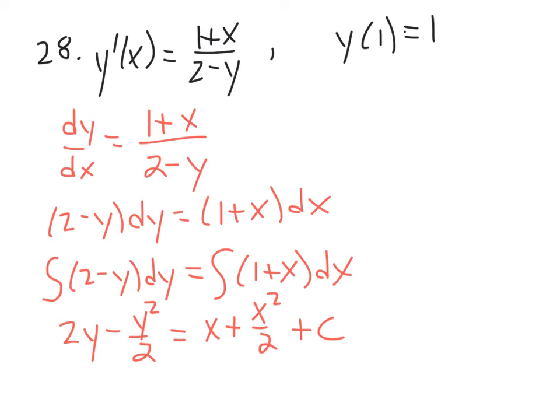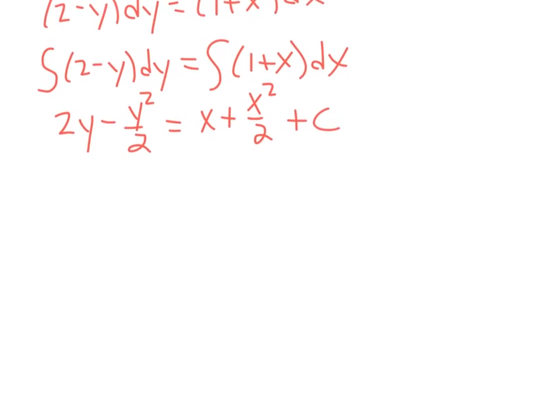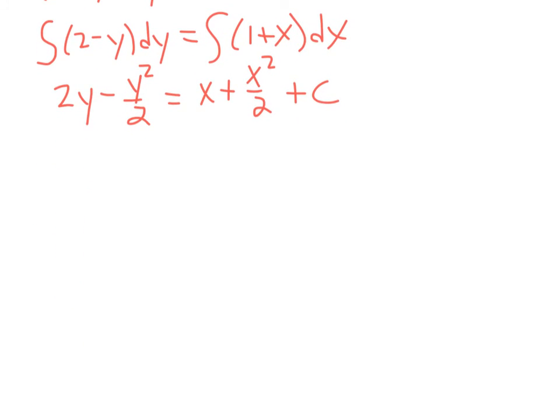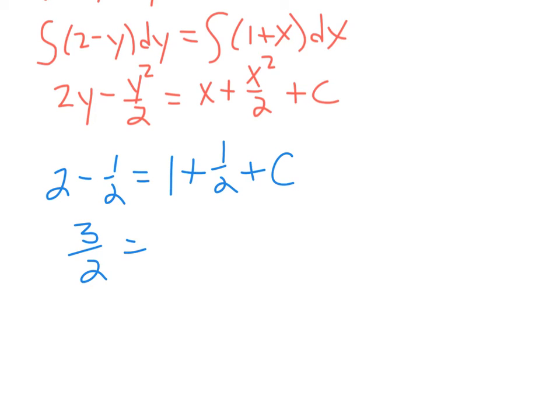Okay, so now we do have to find c here since it's an initial value problem, and it's just going to be 1, 1. So then it's 2 times 1 minus 1 squared over 2 equals 1 plus 1 over 2 plus c. So that would be 3 halves equals 3 halves. And then c equals 0.